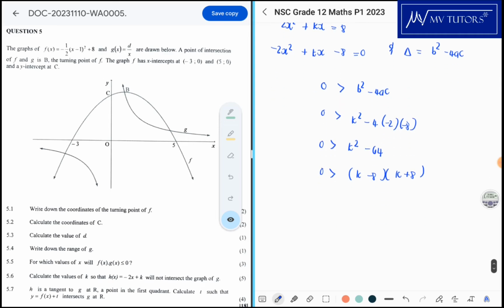And now, in that case, we can say 0 is bigger than k minus 8, or 0 is bigger than k plus 8. All right, so when we solve for k, if we take 8 to the other side, we say k is smaller than 8. And on the other side, we say k is smaller than negative 8.